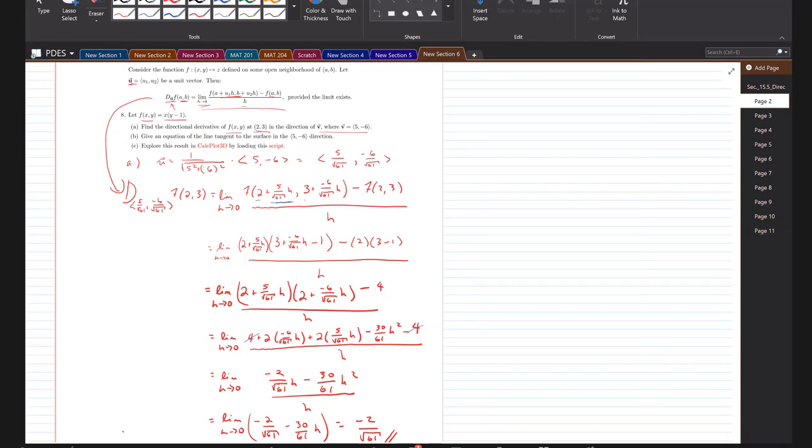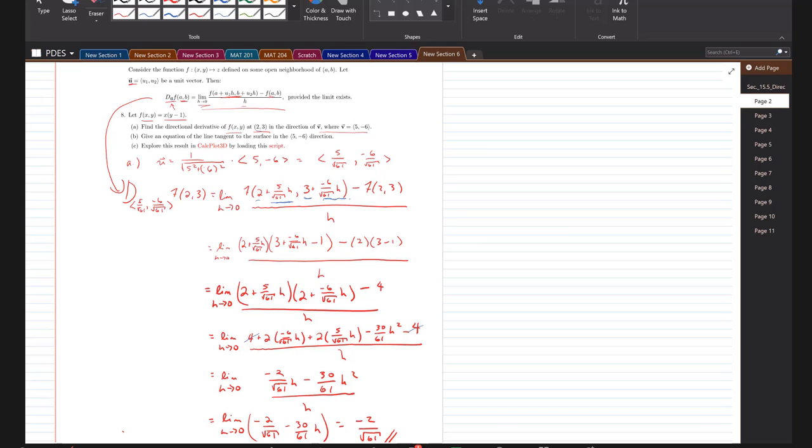Then we took our b value, which is our y coordinate, and we added to that a nudge in the y direction, proportional to the y component of that vector u, for the directional derivative.